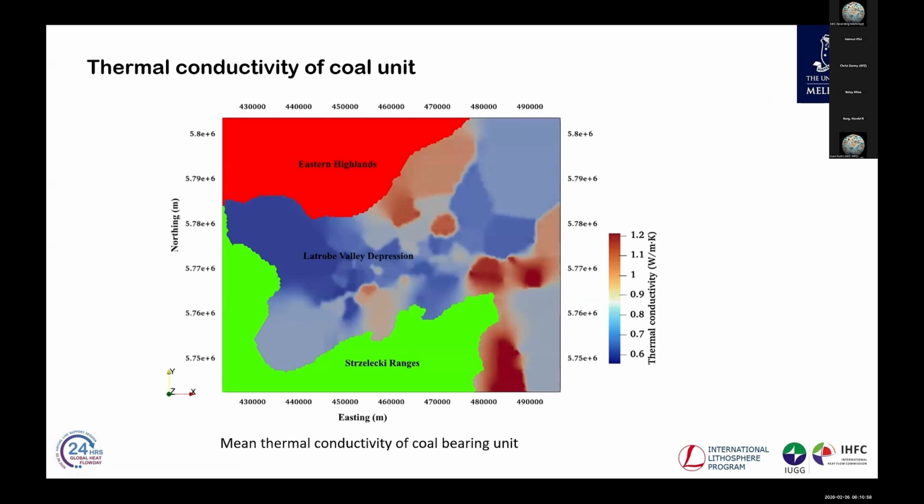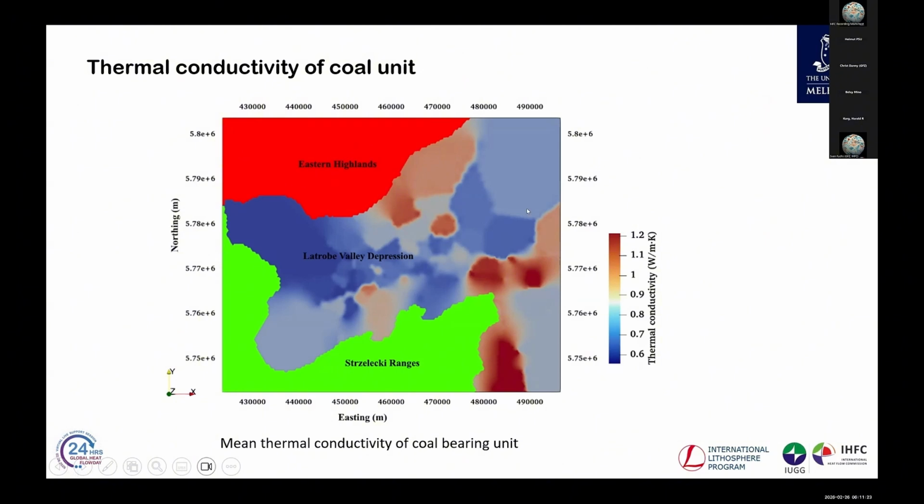So by using this, we can assign the laterally varying thermal conductivity for the coal units, because if we assign a single value, it will definitely affect the temperature and the heat flow value. You can see wherever we have very high coal deposits, the proportion of coal is high and thermal conductivity is low.